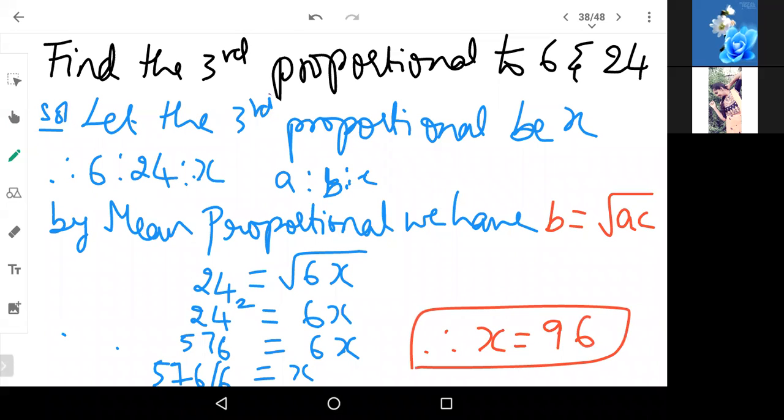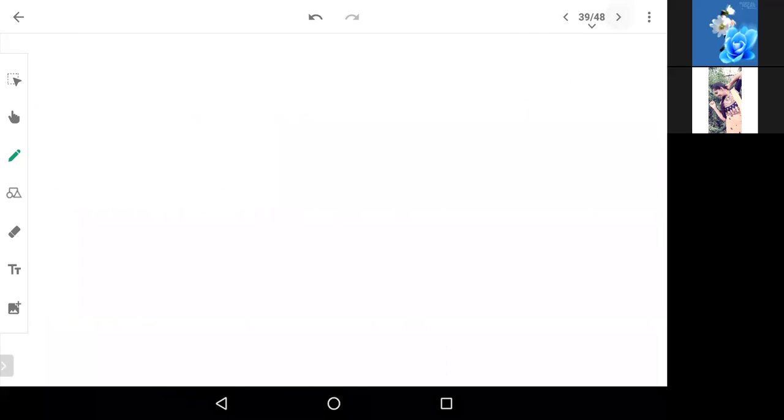So the third proportional which they have asked us to find is 96. I hope everybody understood this. Any doubts in this question? Okay.